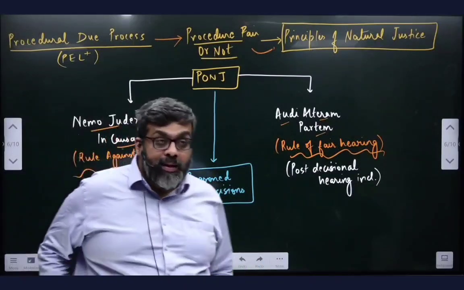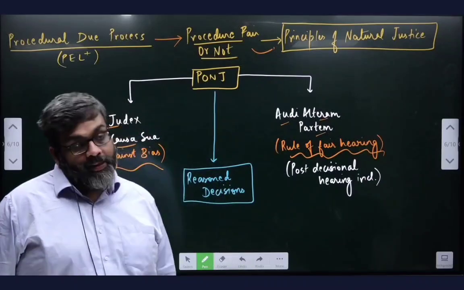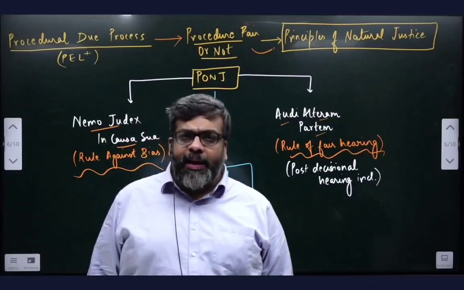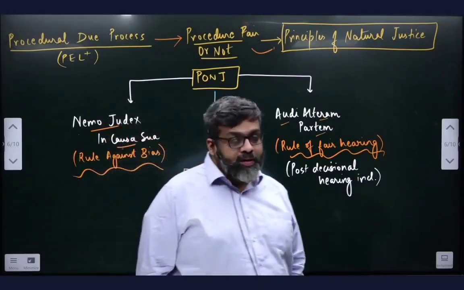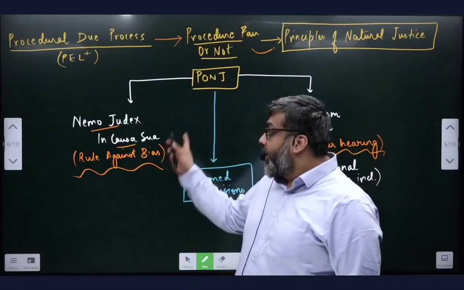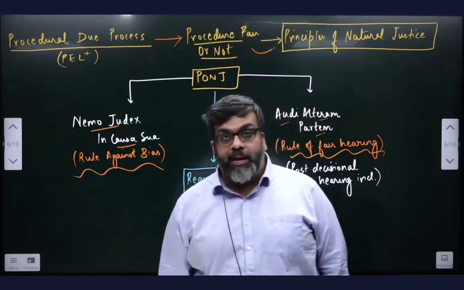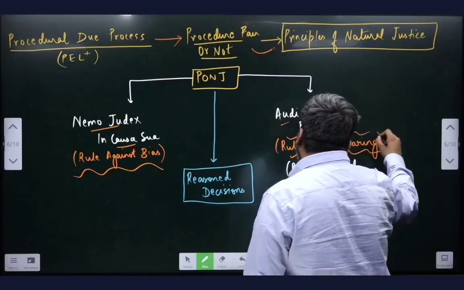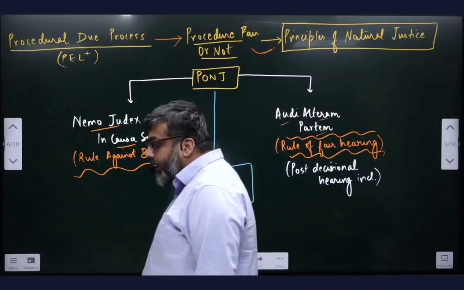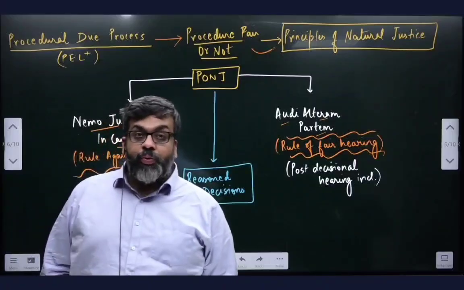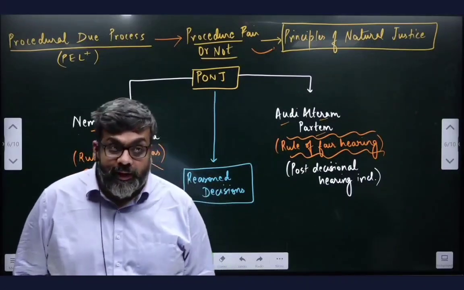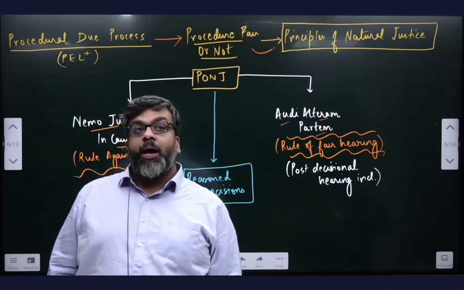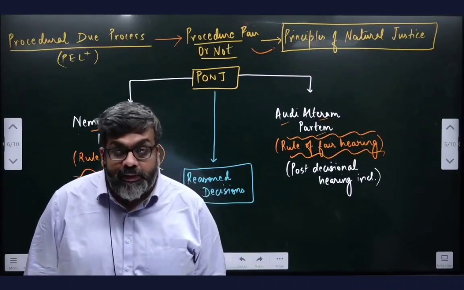So there could be a personal bias, a pecuniary bias, a substantive bias, an administrative bias. Any bias or conflict of interest of any kind is effectively a violation of principles of natural justice. And then you have the rule of fair hearing, which simply means you have the right to be heard, the right to question evidence, the right to be shown the inquiry that has been committed against you, the right to know why you've been charged with something.